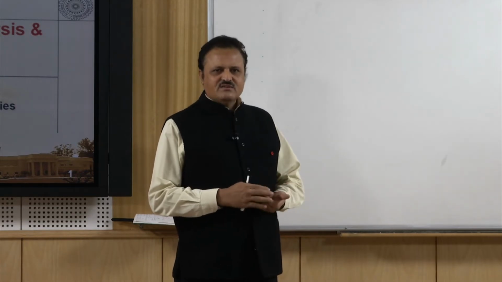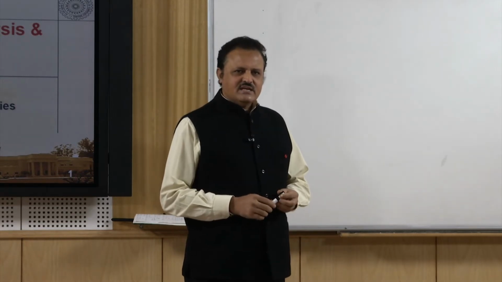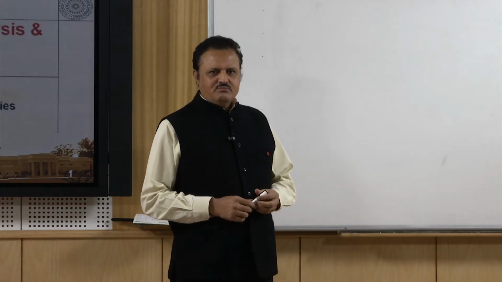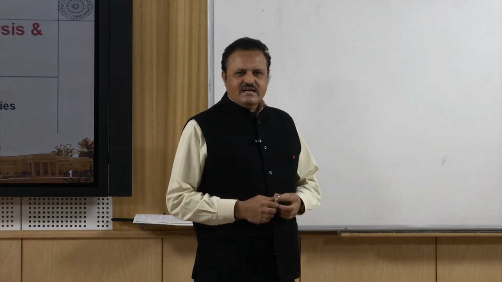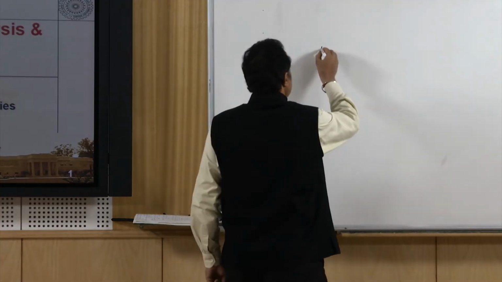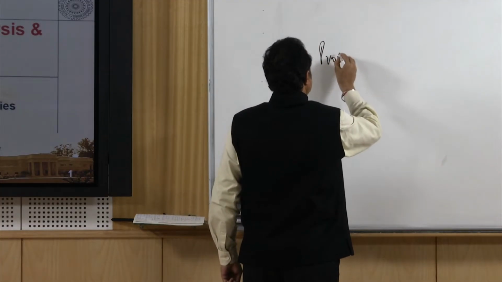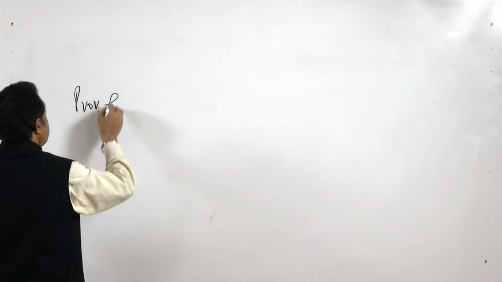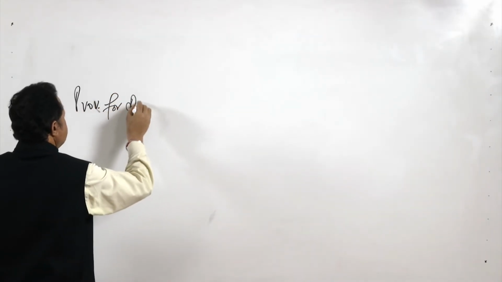So we saw that one effect was in the profit and loss account, and the second effect was in the balance sheet. Now the next adjustment I am going to discuss with you is provision for discount on creditors.